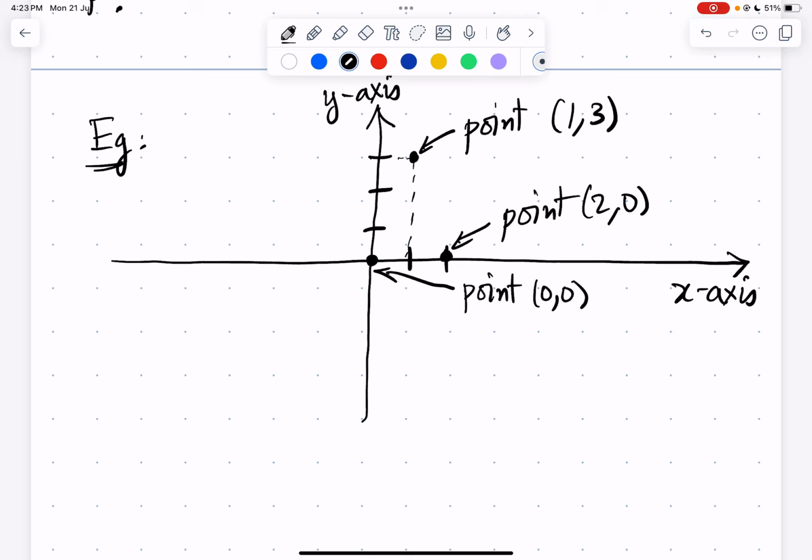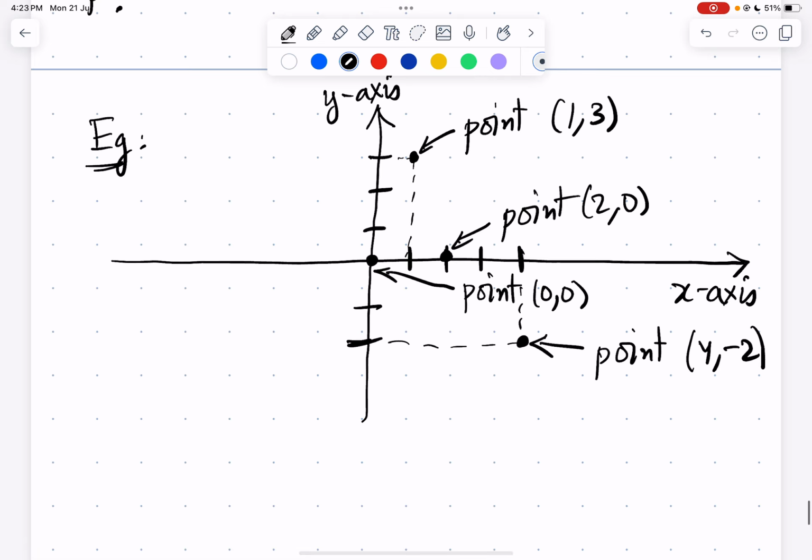Okay, we'll consider another point. Consider this point. Naturally this point is 4, -2 because its address is: begin at the origin, move 4 units in the x direction and then move -2 units in the y direction. So some more points. This point is -3, 2.